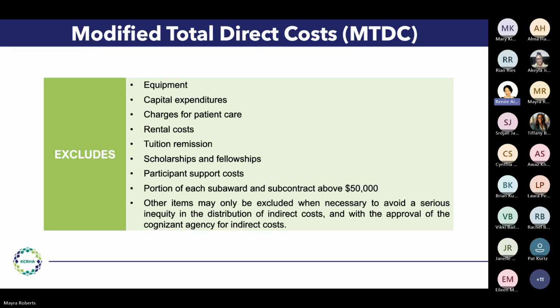And then there are other items that may only be excluded when necessary to avoid a serious inequity in the distribution of indirect costs and with the approval of the cognizant agency for indirect costs. And participant support costs, in our previous training, someone asked what that was about. Direct client assistance costs are excluded from that amount. So that is a necessary exclusion as well. And that is what that means. Okay.